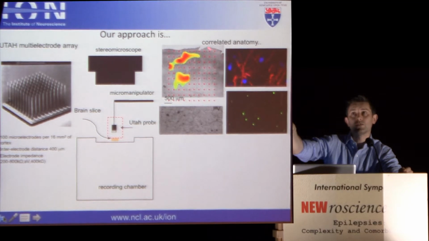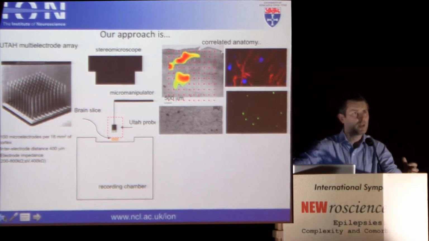Each of the red dots denotes where the electrode position has been, and the very powerful nature of this means that you can combine the electrophysiological recordings that you conduct. So, for example, this is a power map for high-frequency oscillations, which then can be overlaid on the neuroanatomical image.